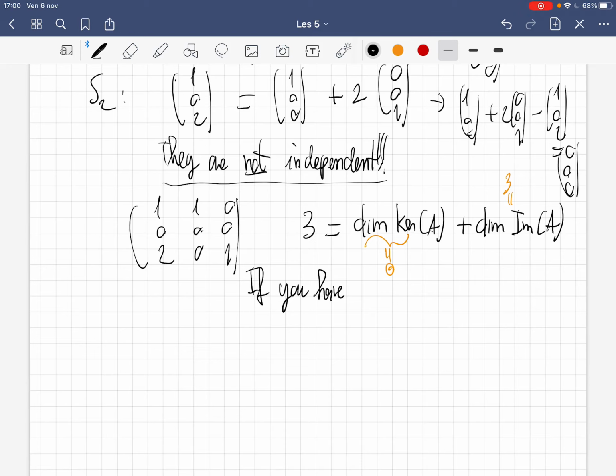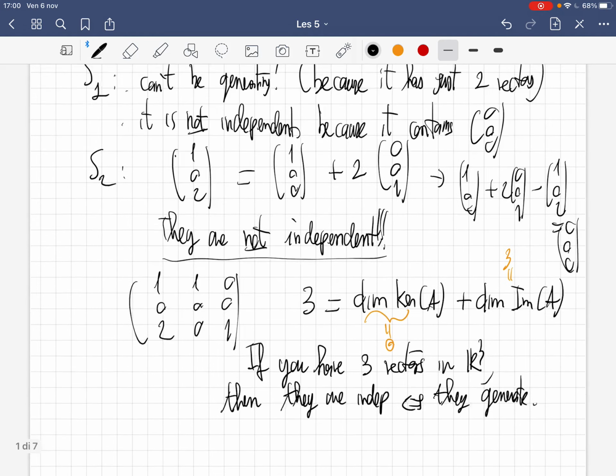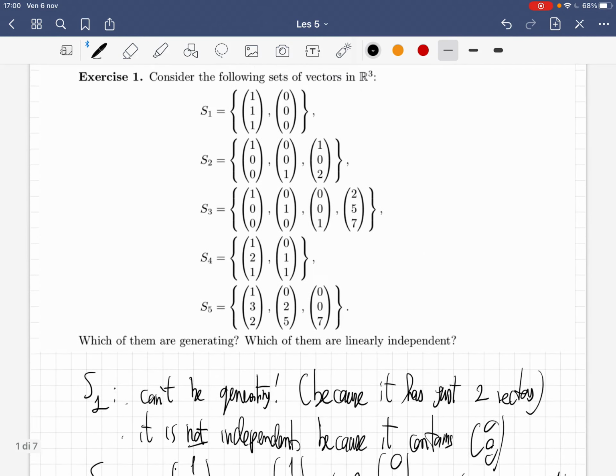This is something you can use. If you have 3 vectors in R3, then they are independent if and only if they generate. This is a useful observation. So they're not independent, they can't be generating.